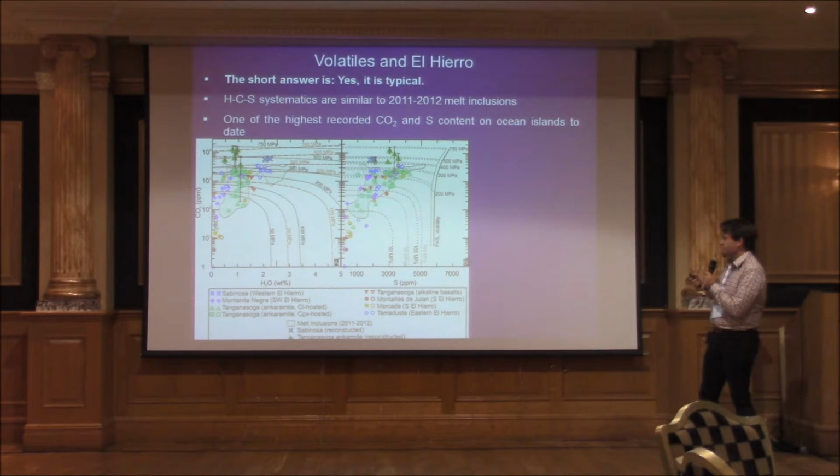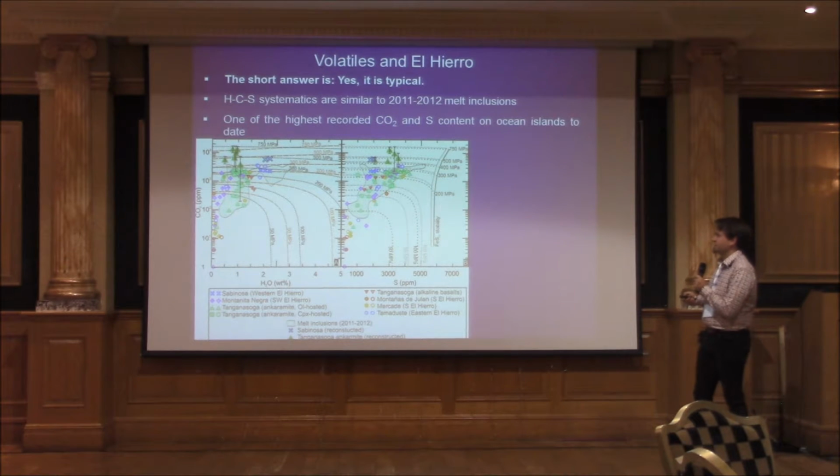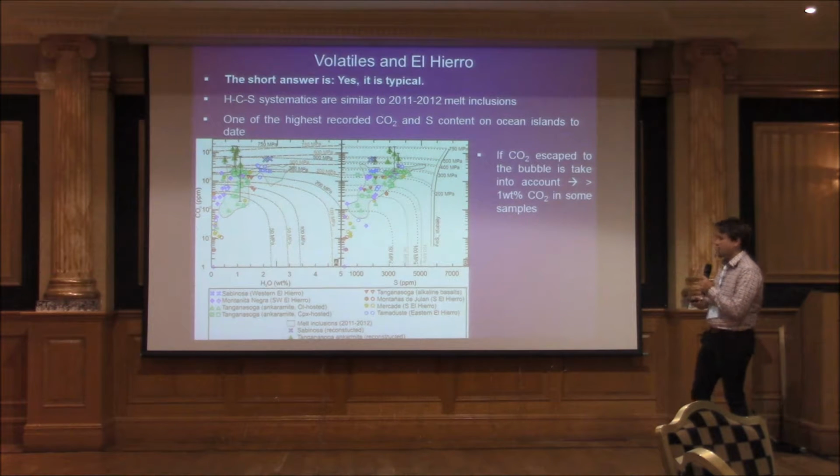We also measured one of the highest recorded CO2 and sulfur contents on oceanic islands to date. In one of our melt inclusions, where we only measured the glass, the carbon concentration was around 3,600 ppm, which is at the moment, as far as I know, one of the highest recorded in published literature at least.